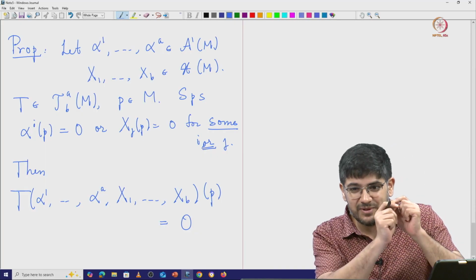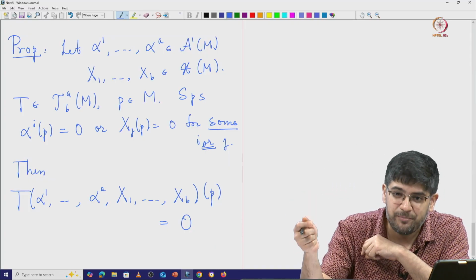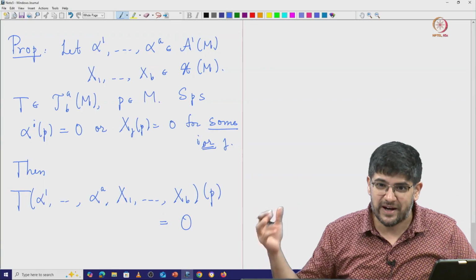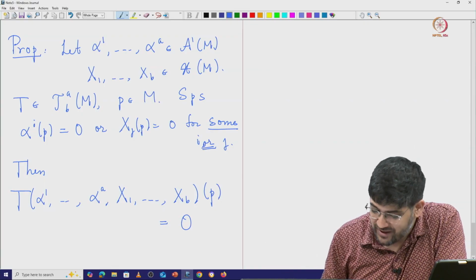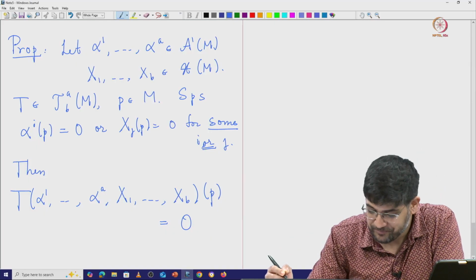As long as one of these covectors or vectors vanishes at P, it doesn't matter what they do elsewhere; the value of the tensor is going to be 0.